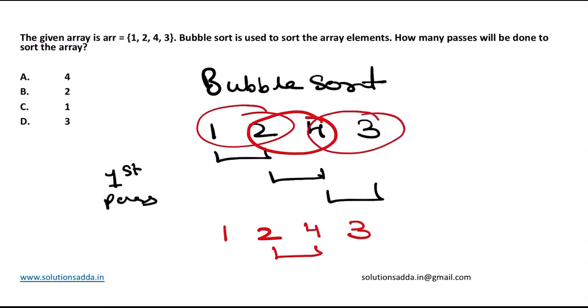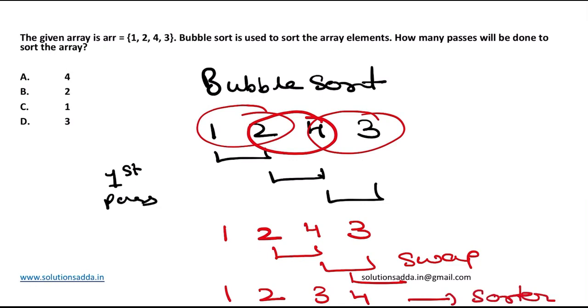Now it finds out that 4 and 3 are not in correct order, so it performs a swap operation. After the swap, the array becomes 1, 2, 3 and 4 and it is sorted. Hence only in the first pass the array becomes sorted. Therefore option C is the correct answer.